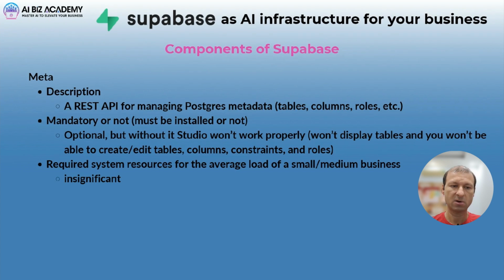Meta is a very small component, but I will mention it because up until now, all the services that I mentioned, you will see them in the Docker Compose file that we'll configure, and you will see also Meta as a separate service in the Docker Compose file. It would be good to know what that is about and why it's good to have it installed. Basically, this Meta module just handles the DB metadata, meaning it handles information about tables, columns, roles, and so on.